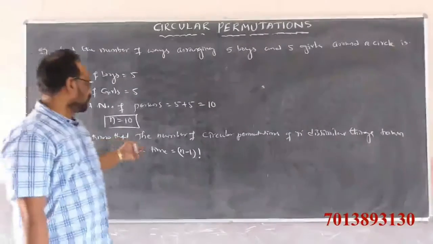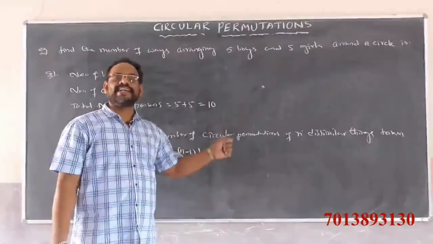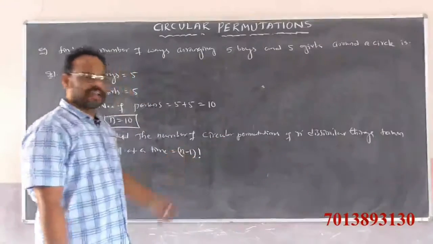Already we discussed this. The number of circular permutations of n dissimilar things taken all at a time is clearly (n minus 1) factorial.